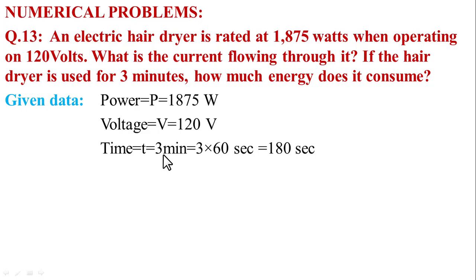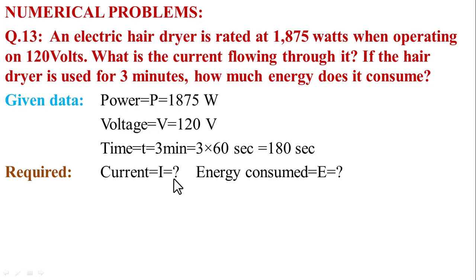We change minutes into seconds, then 3 multiplied by 60 seconds is equal to 180 seconds. Now we require the amount of current and also the energy consumed. So we can find I and also energy E.